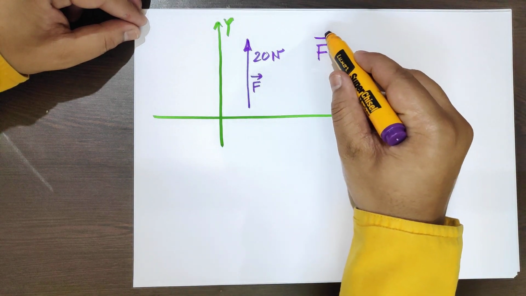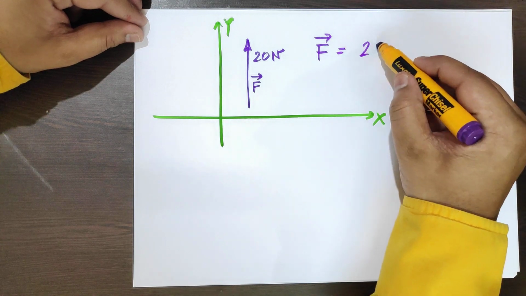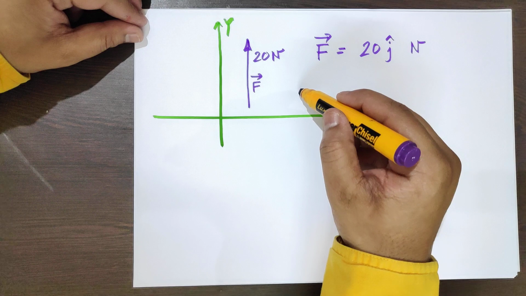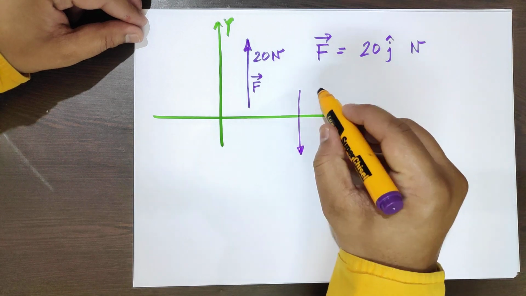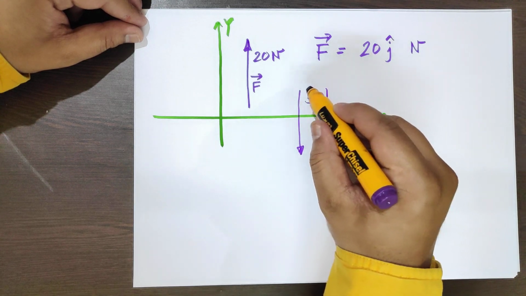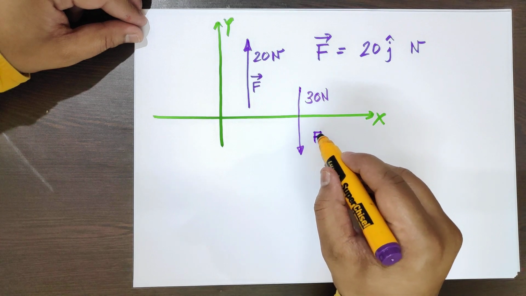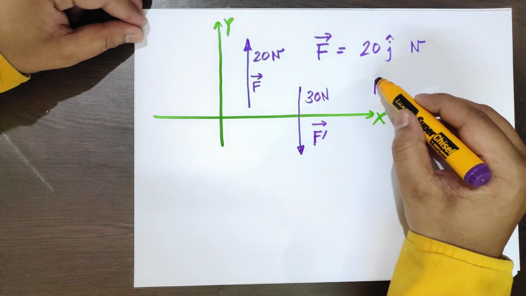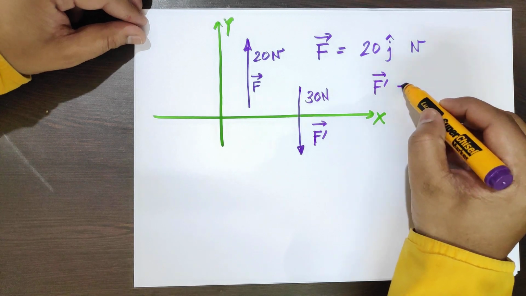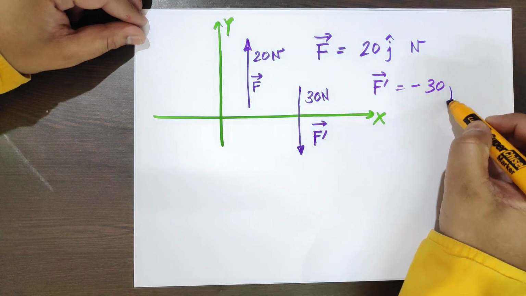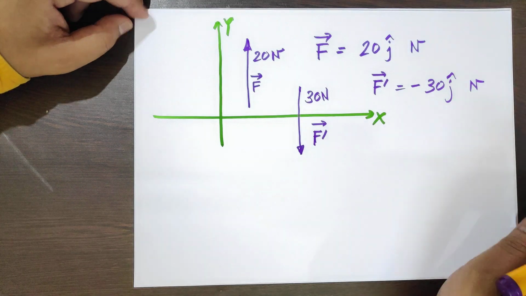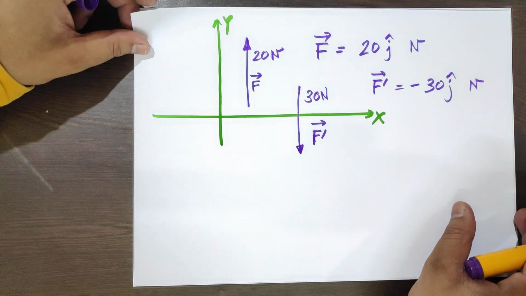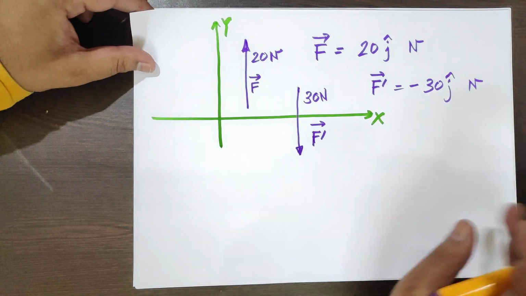F equal to 20 j cap Newton, right? Now if you have a vector like this, say 30 Newton, say force F dash. So how do you express it as a vector? F dash equal to minus 30 j cap Newton. The same thing works for the z axis, right? k cap and minus k cap. Okay.